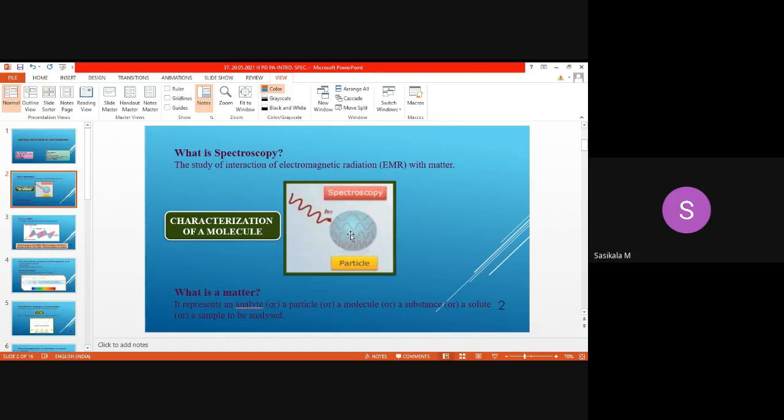So this type of study is called spectroscopy. It involves the interaction of EMR with matter, and matter is an analyte, particle, molecule, substance, solute or sample.